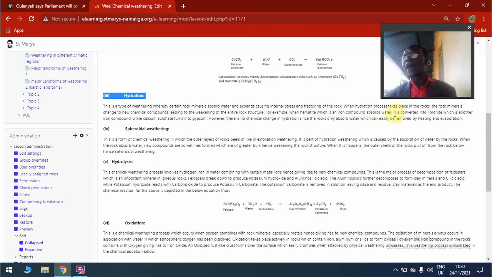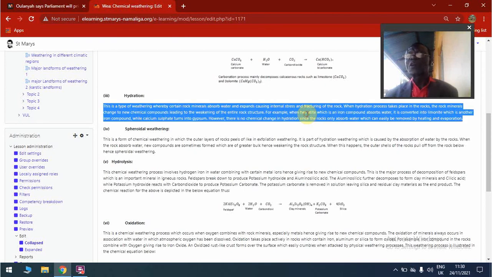Limonite is another form of iron compound which is completely different from the hematite. So in this case, there is a chemical change which has taken place within the rock from hematite to limonite. However, this form of weathering is reversible in the sense that when the water evaporates away from the rock, then this chemical change will be reversed back.